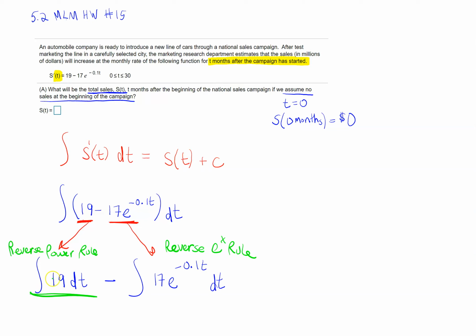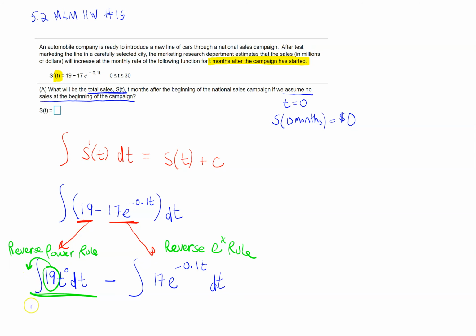Now it's just a constant 19, but if it helps, you can go ahead and rewrite that with a t in it, right? Wouldn't that just be t to the 0 power? And that will help you see that reverse power rule. Also, you can pull out that 19 constant if you would like to. Just remember it's there if you pull it out.